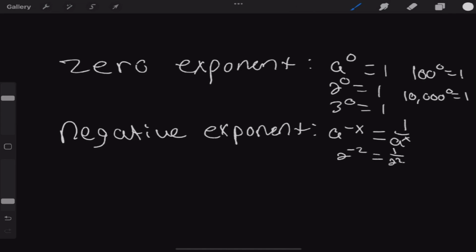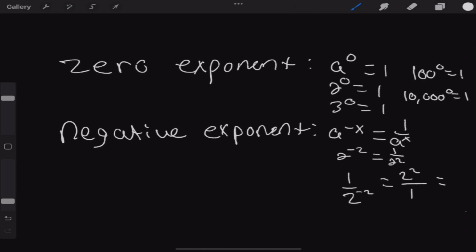Now, same thing would go if you had a fraction. You would flip it, but you have to make sure you're flipping the right terms. So if you had 1 over half to the negative second power, you would flip it to 2 to the second over 1.